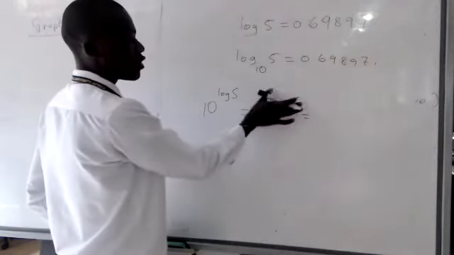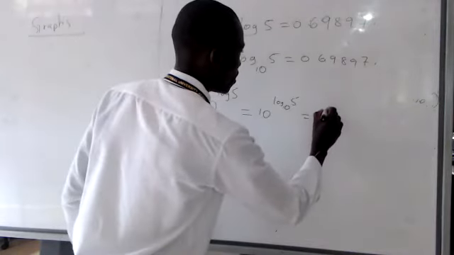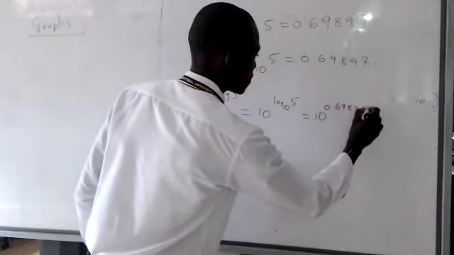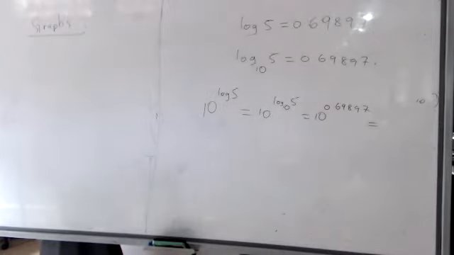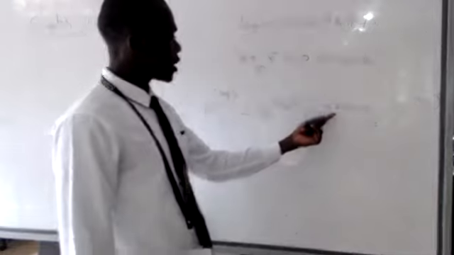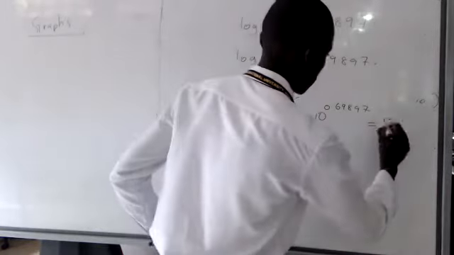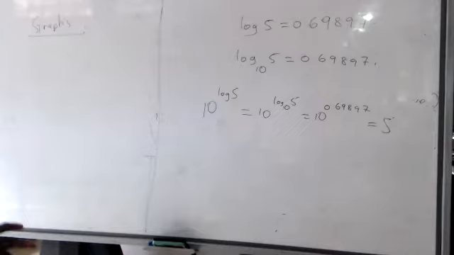We know log to base 10 of 5 is 0.69897, so that should be 10 raised to 0.69897. What does that give you? It gives 5. So this is why I said exponential and logarithmic functions are inverses of each other.